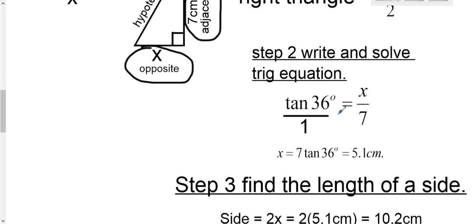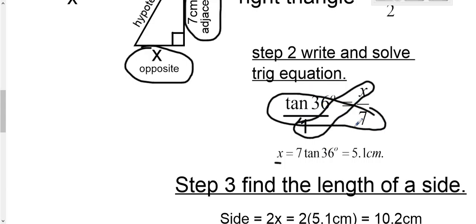Then we went ahead and wrote it as a proportion, put it over 1, then the cross products. 1 times x is just x, that's right here. Equals the other cross product, 7 times the tangent of 36 degrees, right there. So x is solved for. We just have to put this in our calculator and make sure you're in degrees. So 7 times the tangent of 36 came out to 5.1 centimeters.